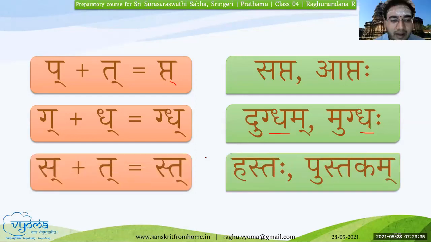The last set of words. Hastah. Very good. Pustakam. Very good. Dhanyavadaha. If you notice in all these examples, the first letter is written in half and the second letter is written full. G, th, again half g and full th.